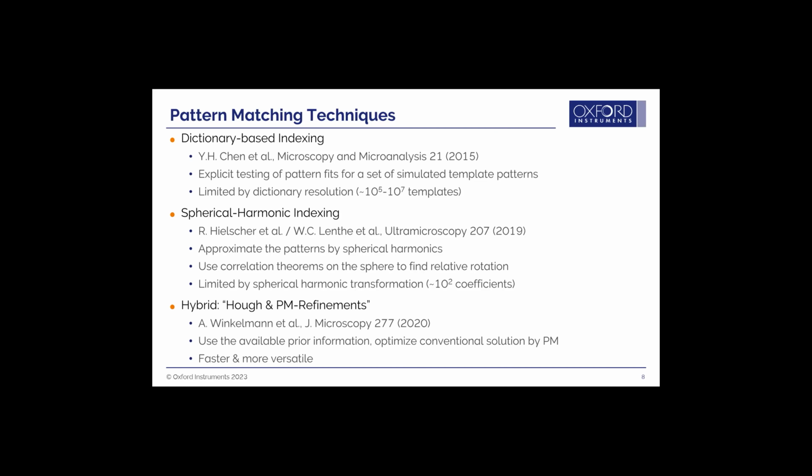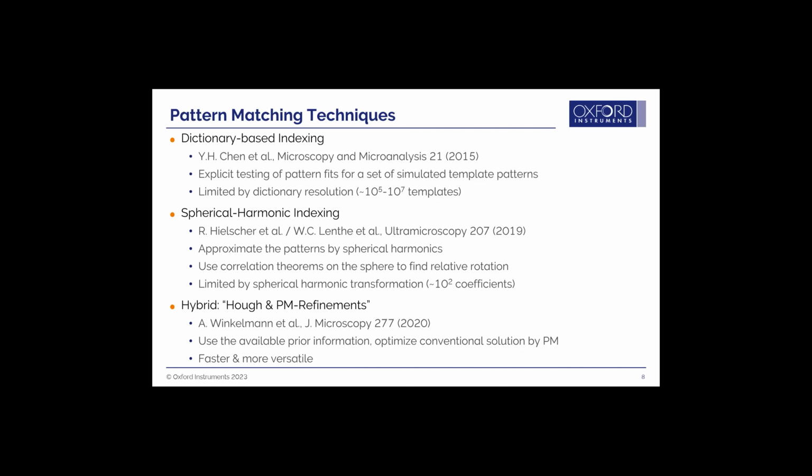And so the last one on my list is the hybrid approach, and this is the one that Emil Winkelmann has recently reintroduced, at least at M&M in 2020. It was to build on the Hough indexing that we already have. So it's something that he's called hybrid pattern matching.